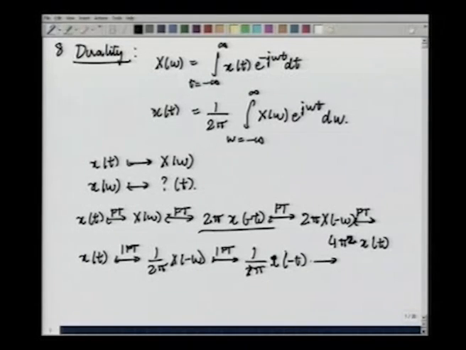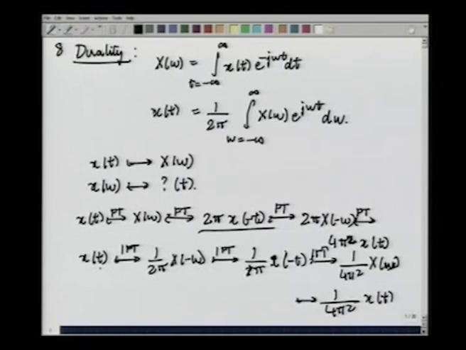One more time, and you would get 1/4π² x(ω), which subjected to one more inverse Fourier transform would give you 1/4π² x(t).